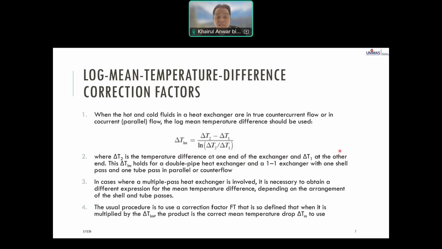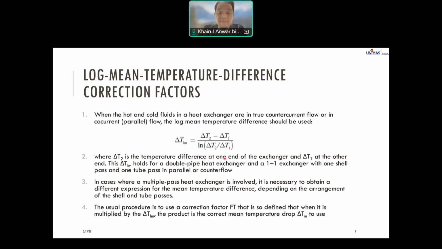This is ΔT_LM equals ΔT2 minus ΔT1 divided by ln(ΔT2/ΔT1), where ΔT2 is the temperature difference at one end of the exchanger and ΔT1 at the other end. So this log mean temperature difference holds for a double pipe heat exchanger and a 1-to-1 exchanger with one shell pass and one tube pass in parallel or counterflow.